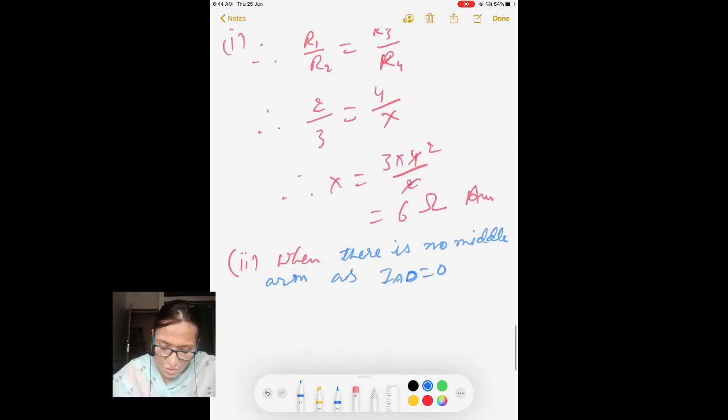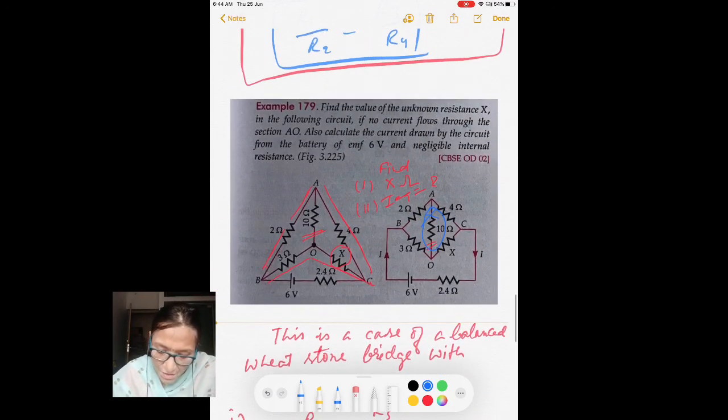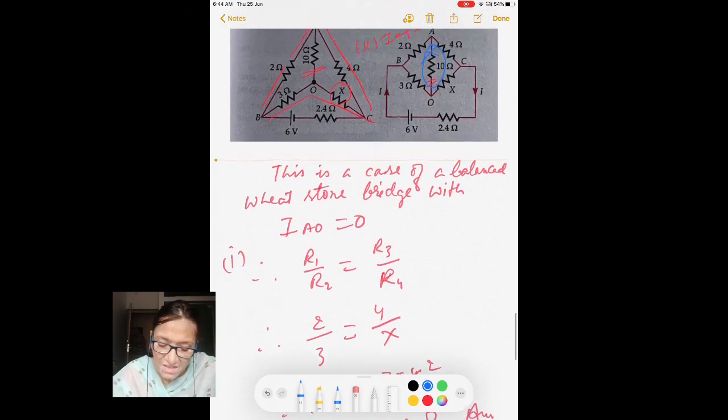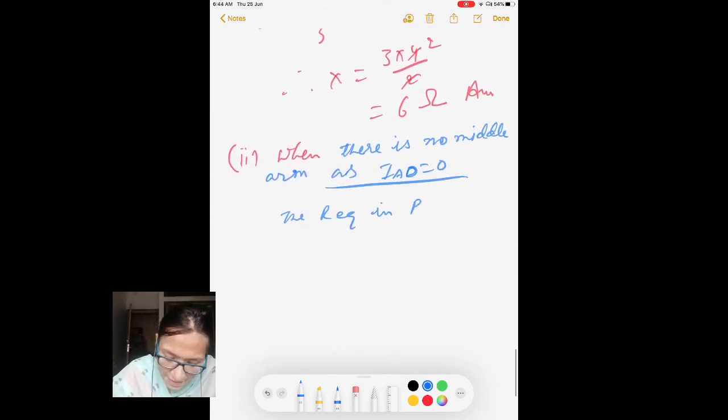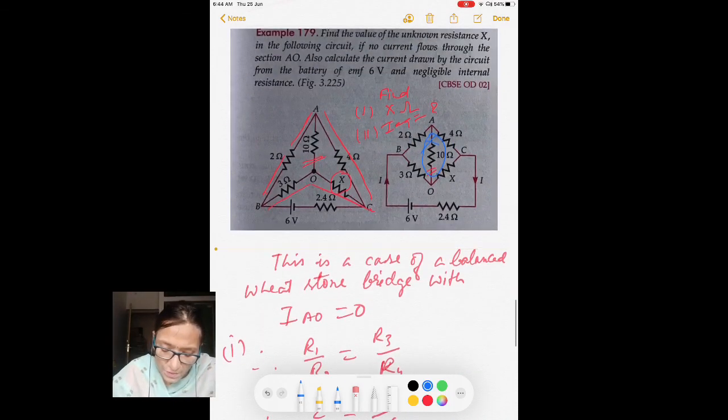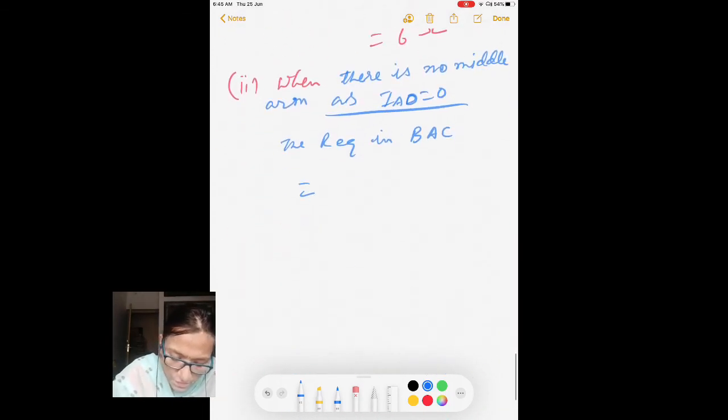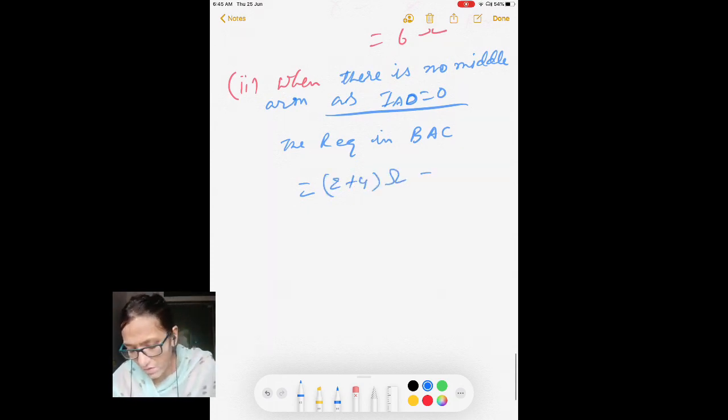So when there is no middle arm, the equivalent resistance R equivalent in BAC is equal to 2 plus 4 ohm, and this is equal to 6 ohm.